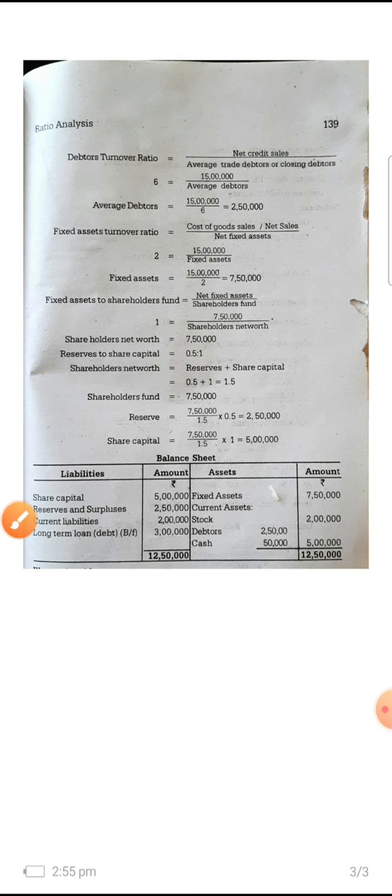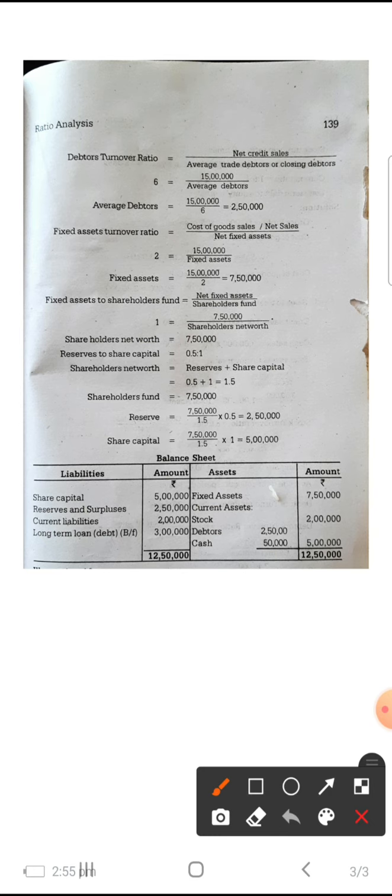Then fixed assets turnover ratio. The information is given, net sales divided by net fixed assets. So it is 15 lakh divided by fixed assets, so you'll get 7,50,000. Fixed assets to shareholders' fund, net fixed assets divided by shareholders' fund, cross multiply, 7,50,000.